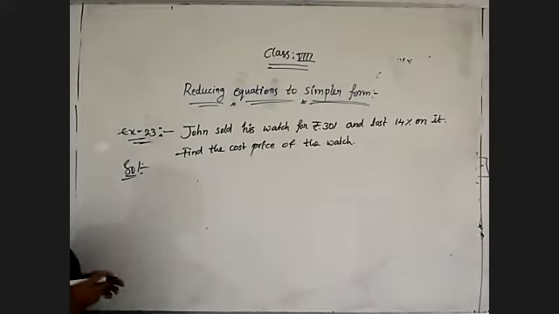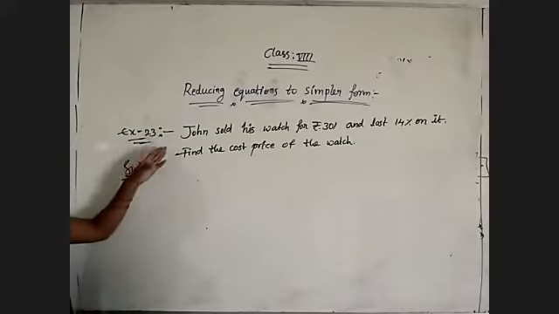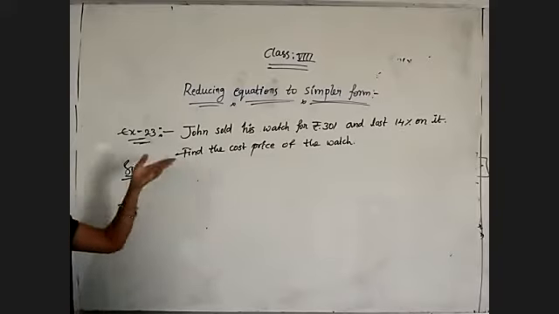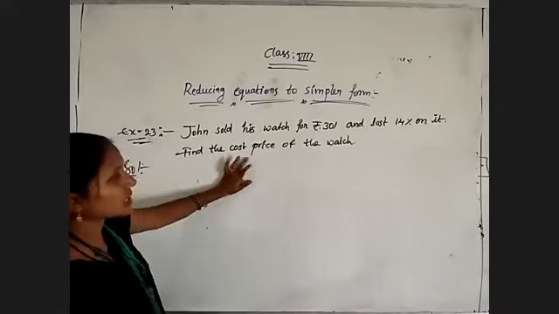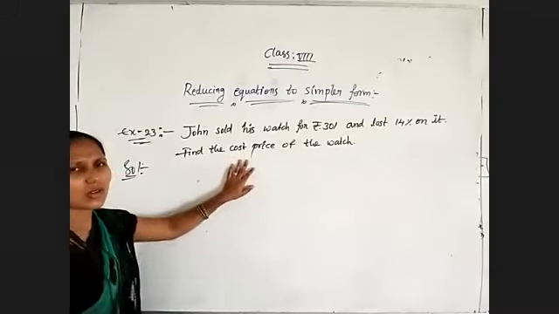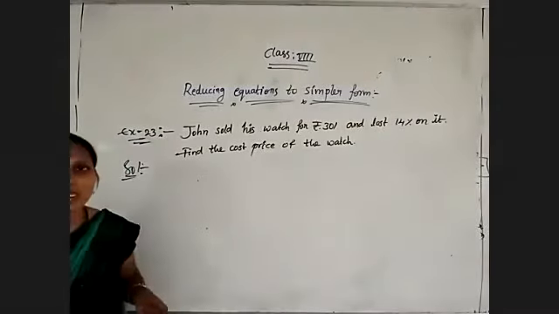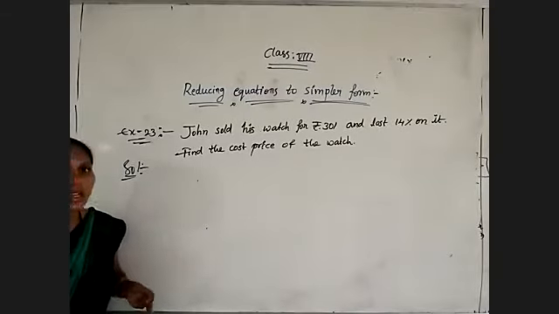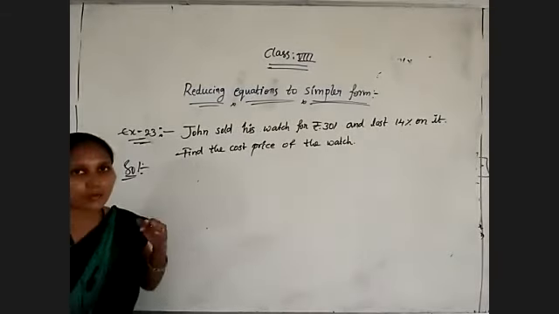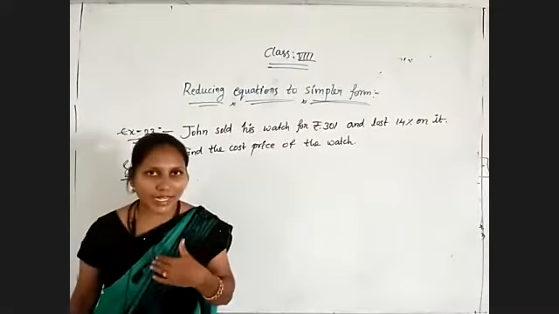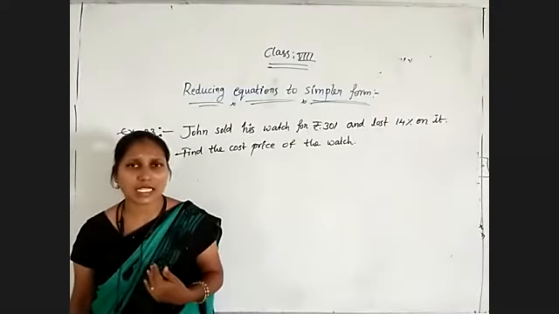So it is very clear that this question depends on selling price, cost price, and loss. What are they going to ask now? Find the cost price. Do you remember what cost price, market price, discount and all these are? Cost price is nothing but the buying amount: if I have bought a cycle for 1200 rupees, that is the cost price.